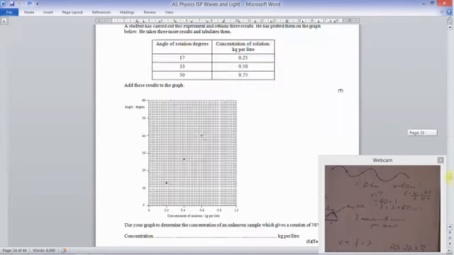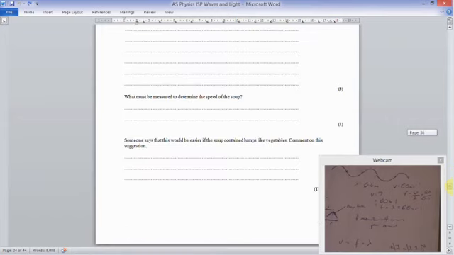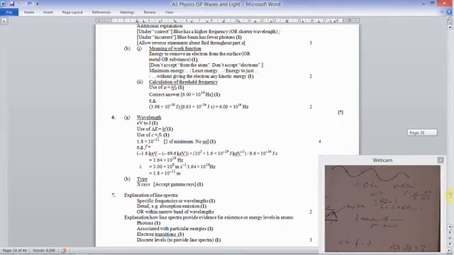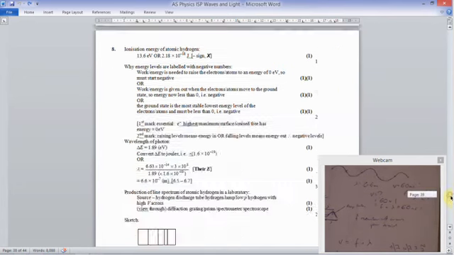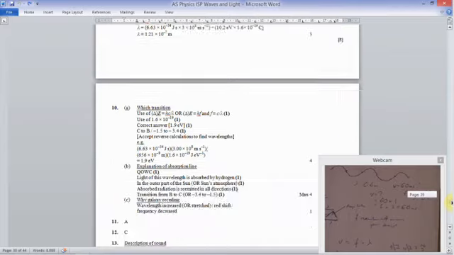And that makes sense. Hold on. I'm not sure about that now. I should double check in case I made a mistake. Wave speed equals frequency times wavelength. Oh, wave speed equals... No, I've done that correctly there. I've probably made a mistake somewhere. Let's have a little check.